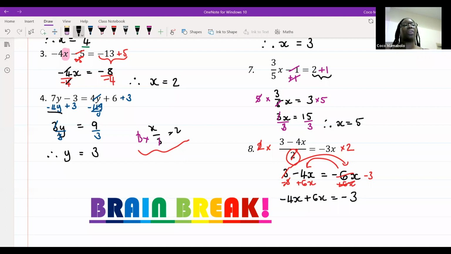Now negative 4x plus 6x will give me 2x is equal to negative 3. And then to get rid of that 2 in front of x, I can divide by 2. Therefore, x is equal to negative 3 over 2. And that's how we get to the answer.